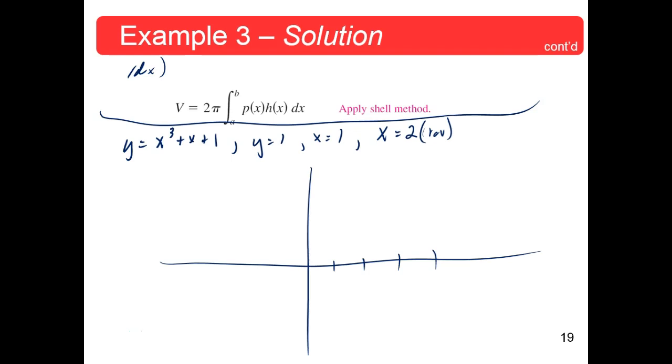And going up, I'll just go on and draw them because I have room for them, like that. Now, let's first draw y equals x cubed plus x plus 1. Let's do it at x equals 0.